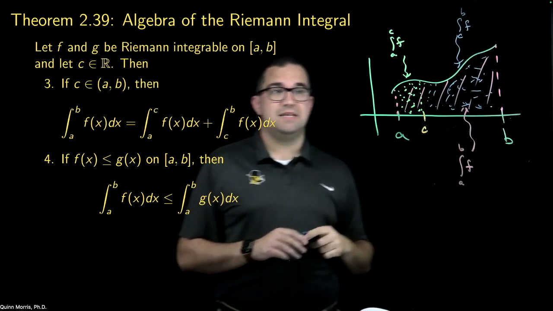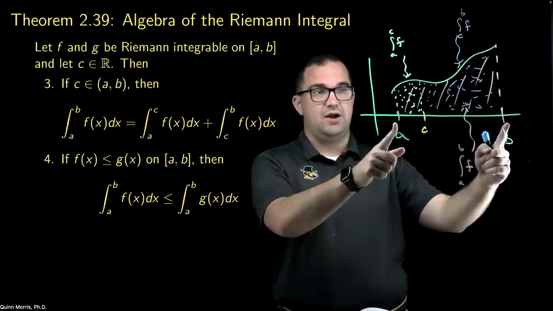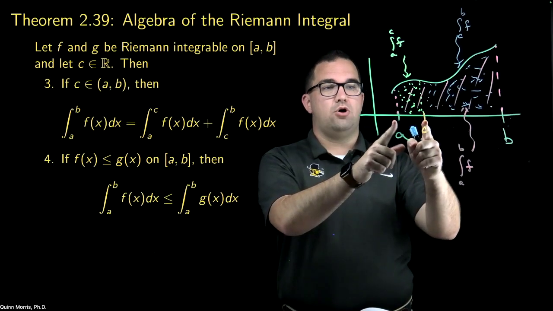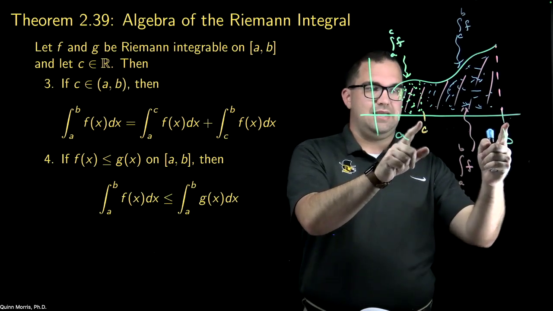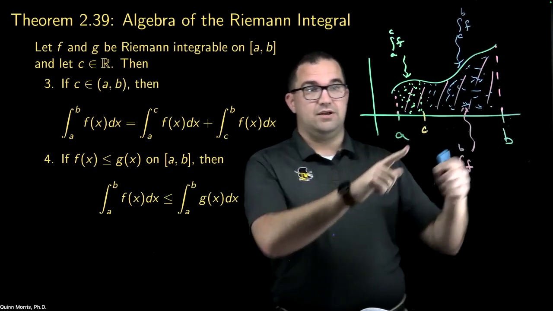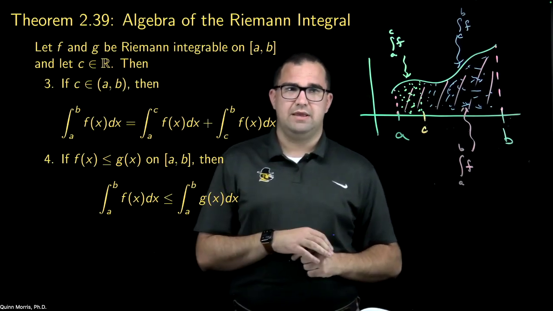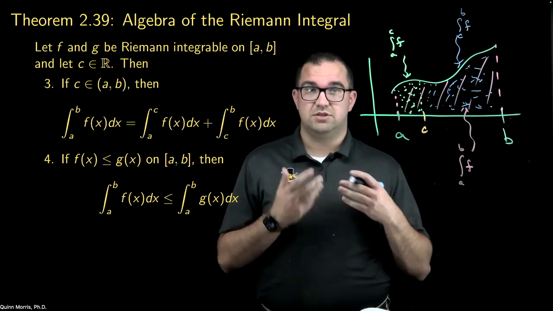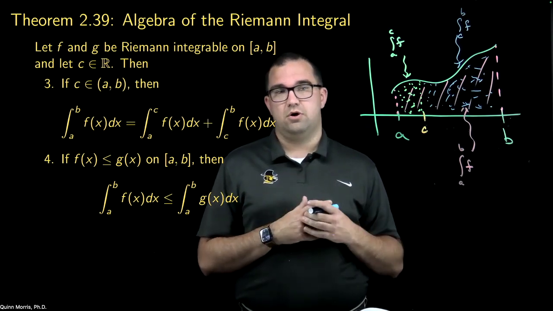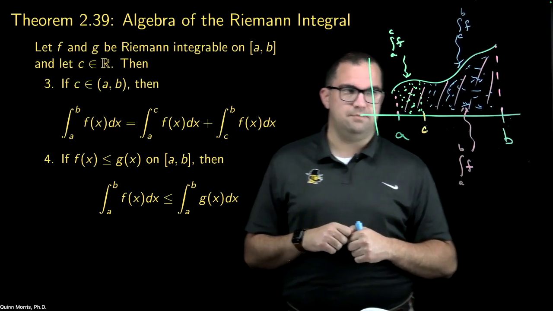Now, implicit in that statement is the fact that if f is integrable on the entire interval ab, then it's also integrable on the interval ac and integrable on the interval cb, right? In fact, this is true more generally. If f is integrable on ab, then it's integrable on any closed interval subset of ab.